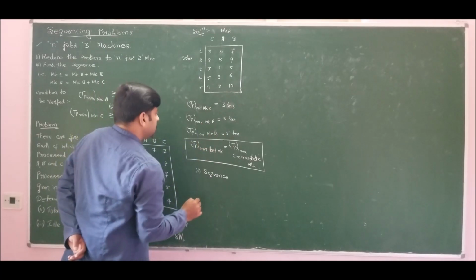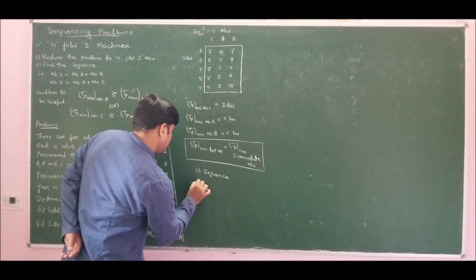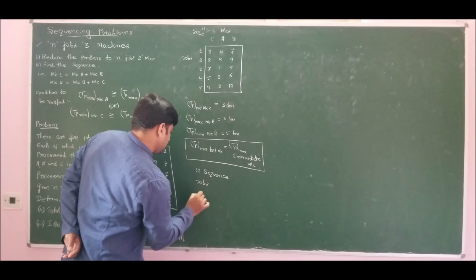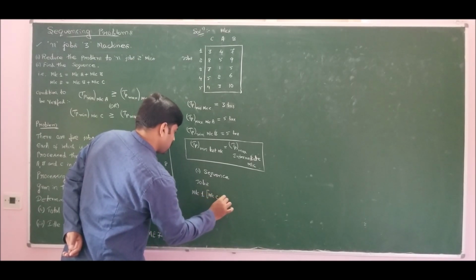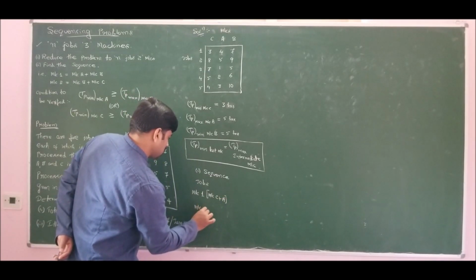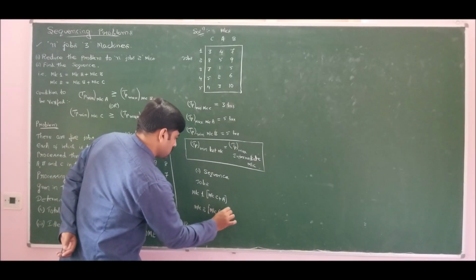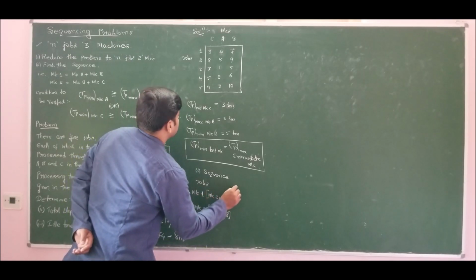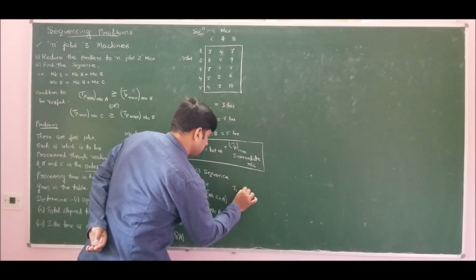So let us take machine 1 as machine C plus A, and machine 2 as machine A plus B. We have 5 jobs, so to avoid confusion, let me mark them as J1 to J5.